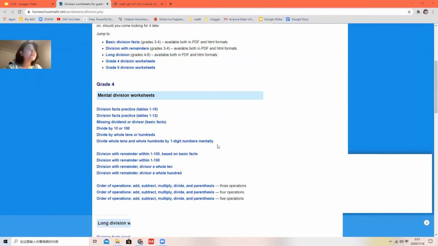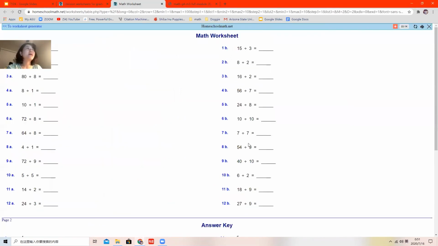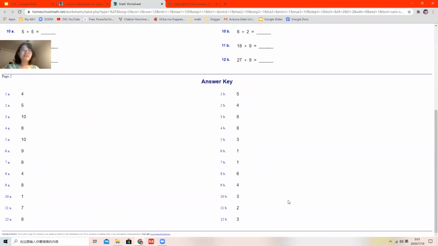This is for you, and it has division facts practice, and also missing dividend or divisor, or divide by 10 or 100. It has multiple kinds of practice right here. And you can either print it out, and practice on the paper, or you can get one piece of blank paper and write the answer on the paper. And here's the answer key, and check your answers to see if it's correct.